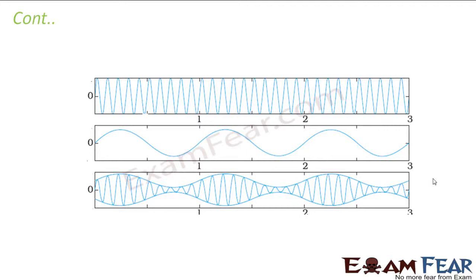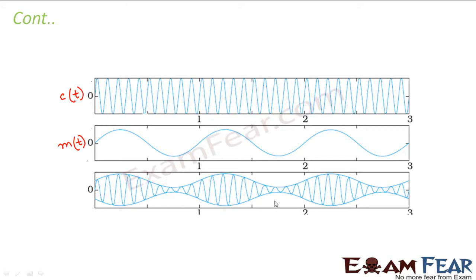So let us have a look at a broader picture. Here you can see, this is a high frequency wave, so that means this is the carrier wave. We denote the carrier wave by c, which is a function of t. This wave is the low frequency message signal wave. We denote it as m as a function of t, because everything is a time varying function, right?